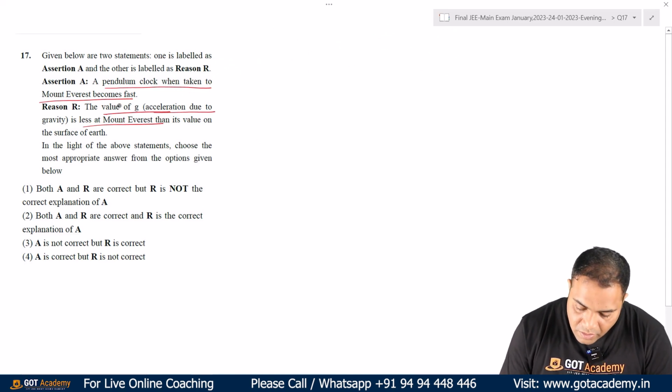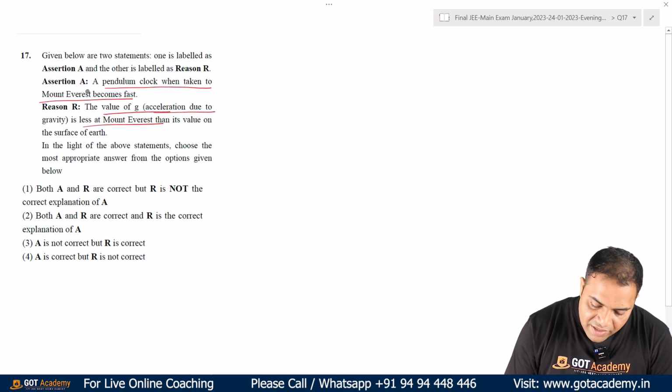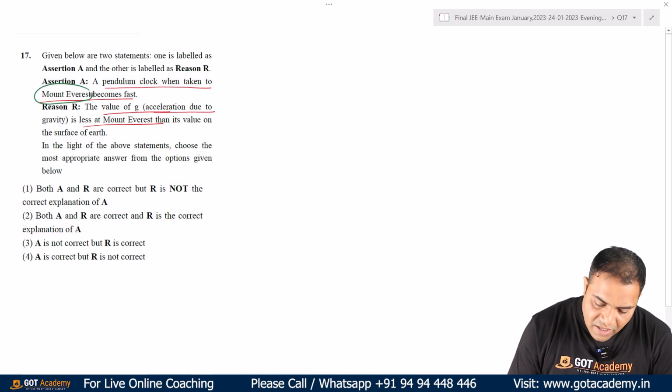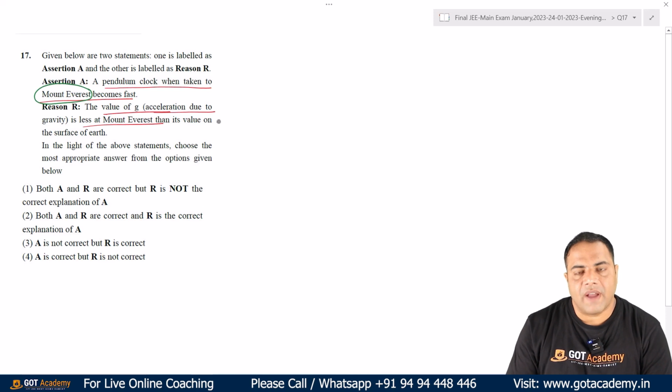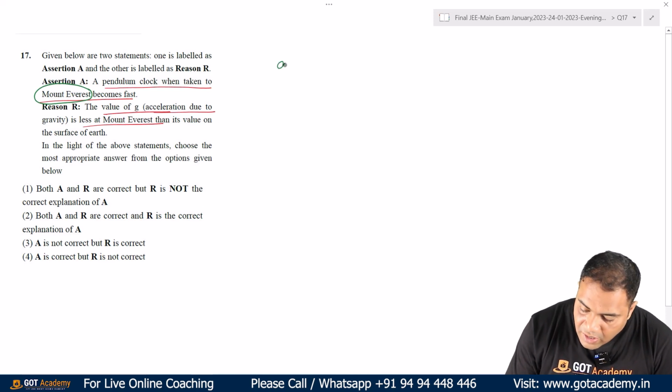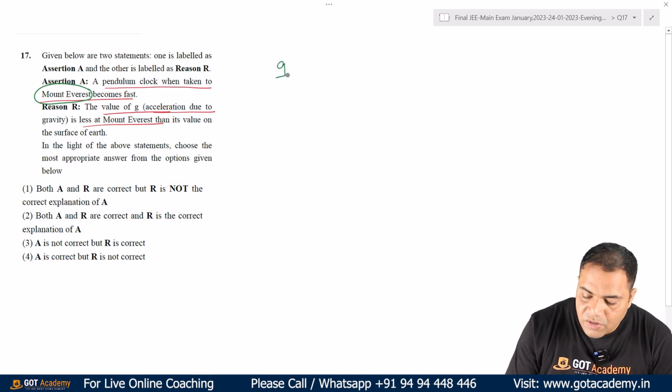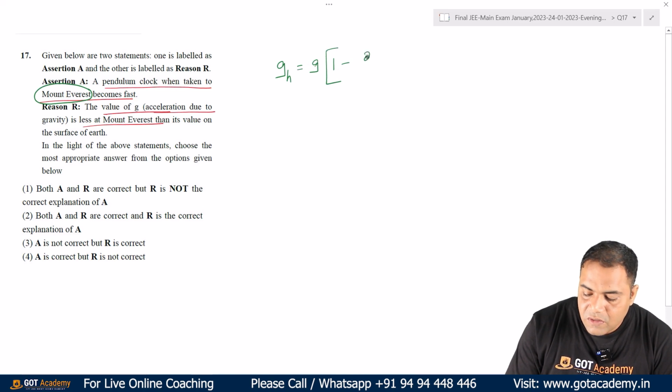Now, pendulum clock when taken to Mount Everest. So, Mount Everest, nothing but it is at very height. Okay, at some height. So, we know that acceleration due to gravity at a height h is G into 1 minus 2h by r, like this.